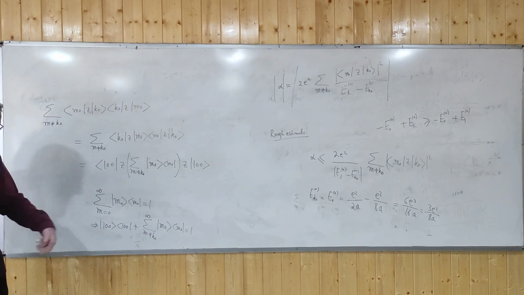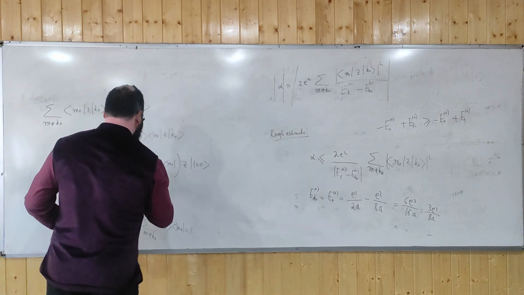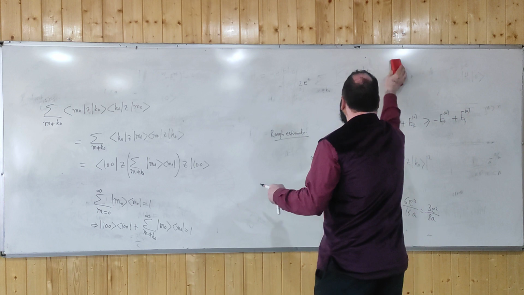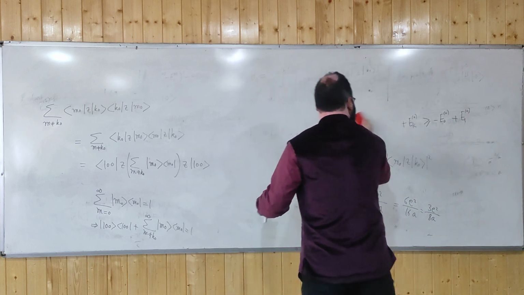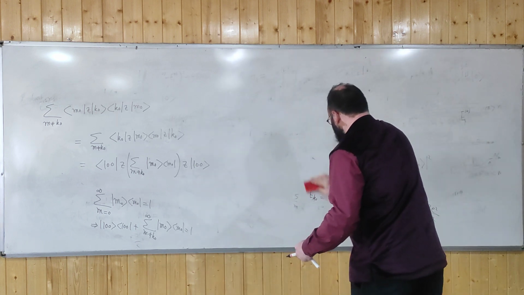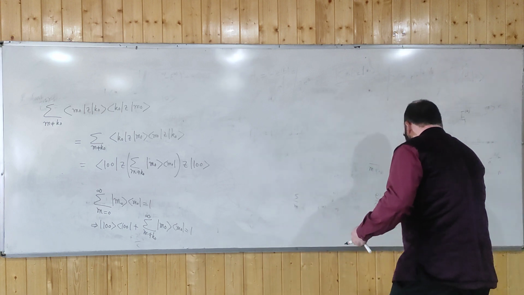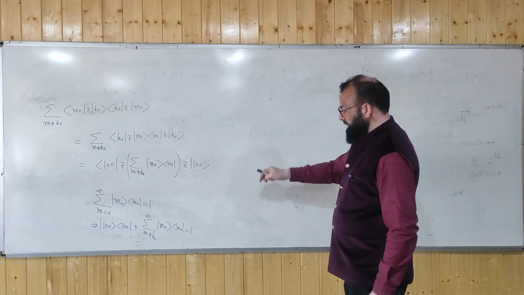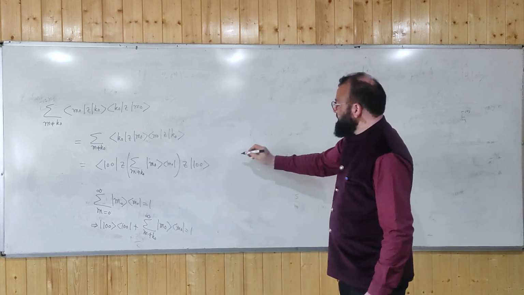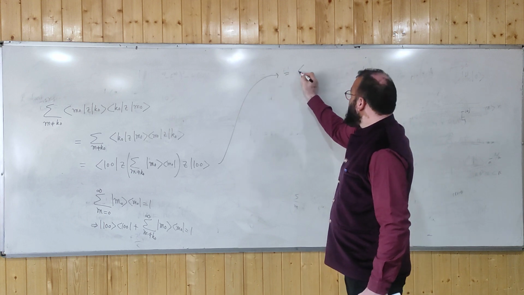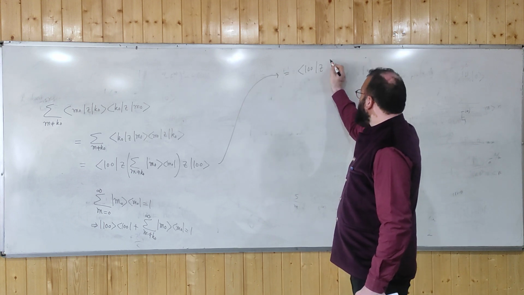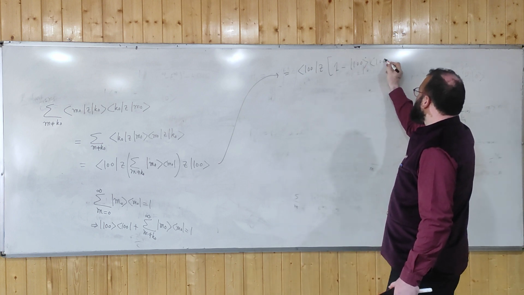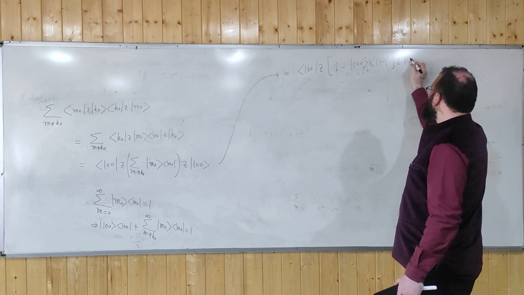So this implies this very sum I can write as, so this object is equal to <100|z, here I will write 1 minus |100><100|, z|100>. Clear?